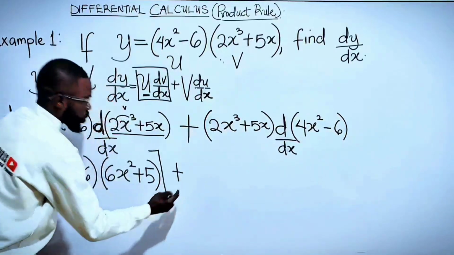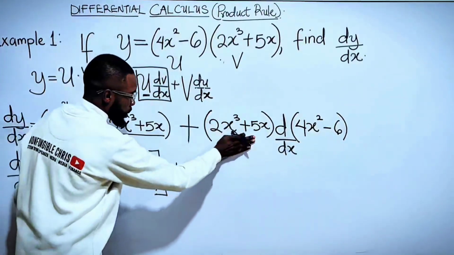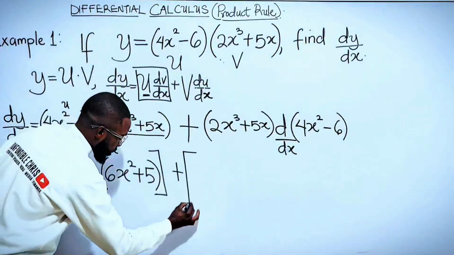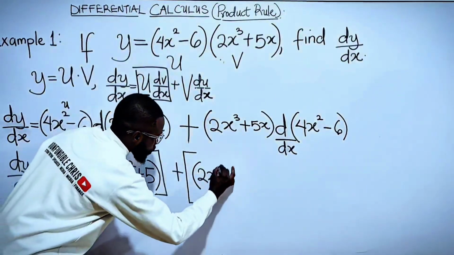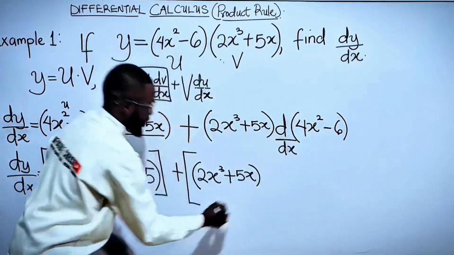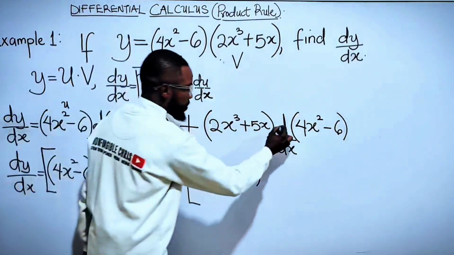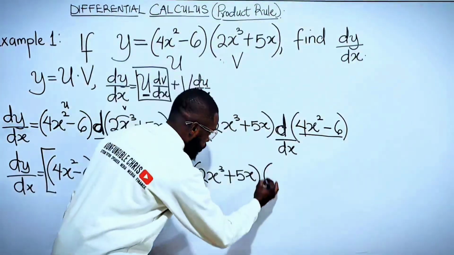Now plus, we leave this value, we are not differentiating it, so the v value remains the same. In a square bracket, the v value remains 2x cubed plus 5x. We don't touch it. Now we are differentiating this value with respect to x, so I'm going to open a new bracket.